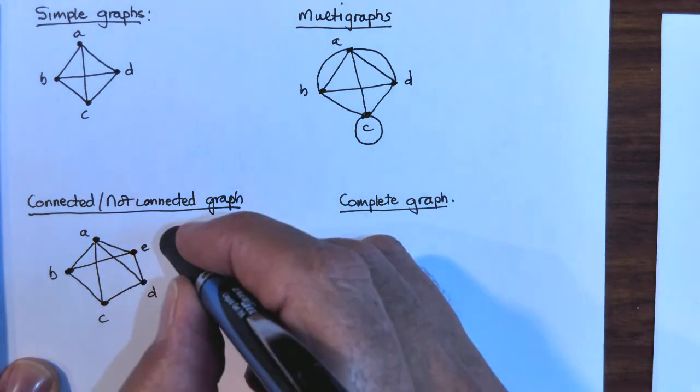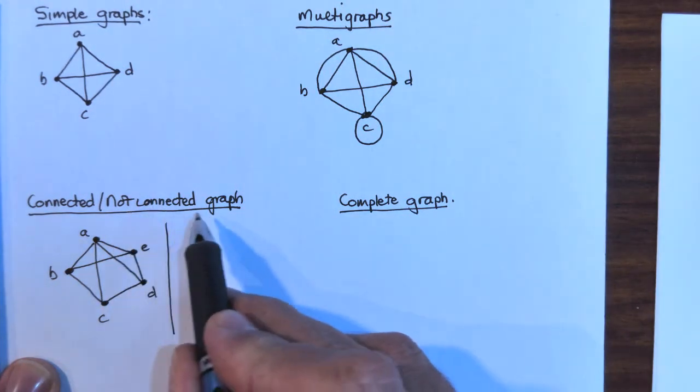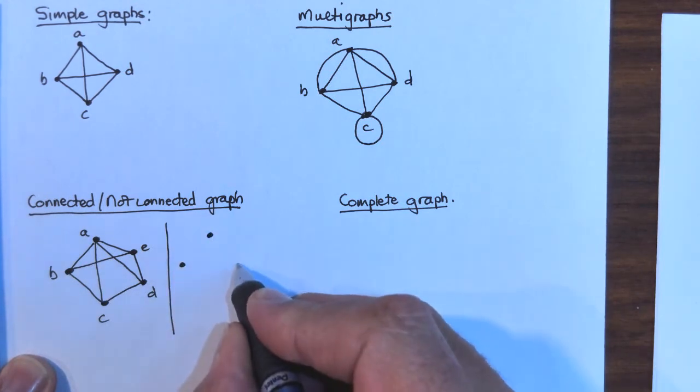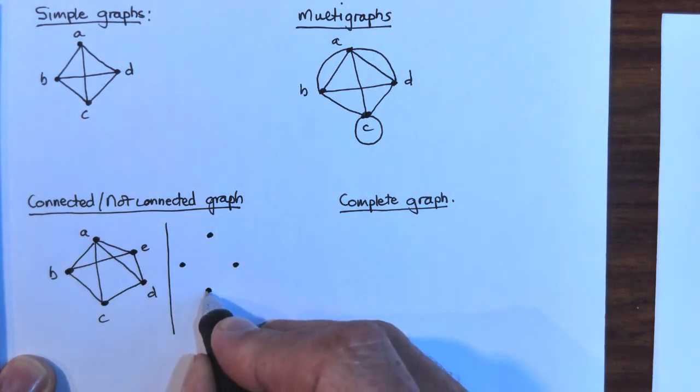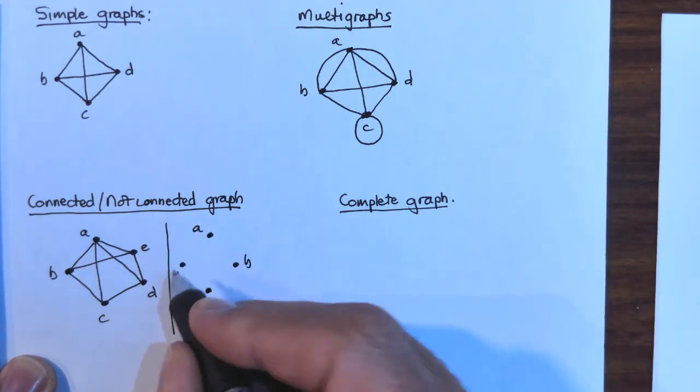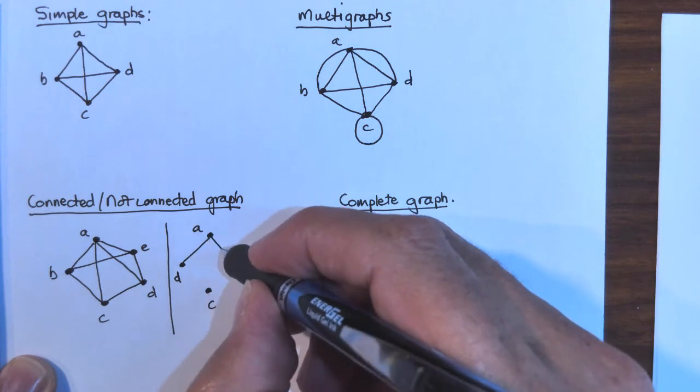So when is a graph not connected? Well, if you cannot get from every vertex to every other vertex. So we have a vertex set, let's say A, B, C, and D, and that is a connected graph.